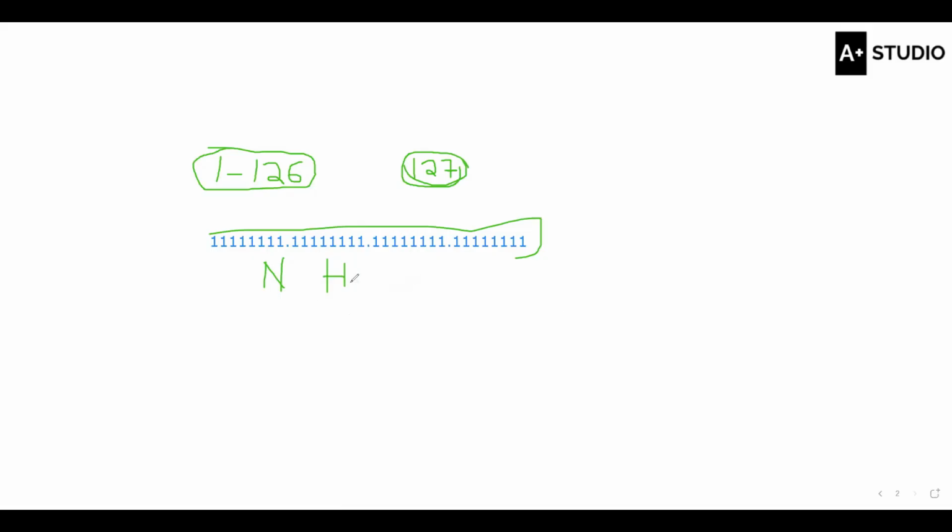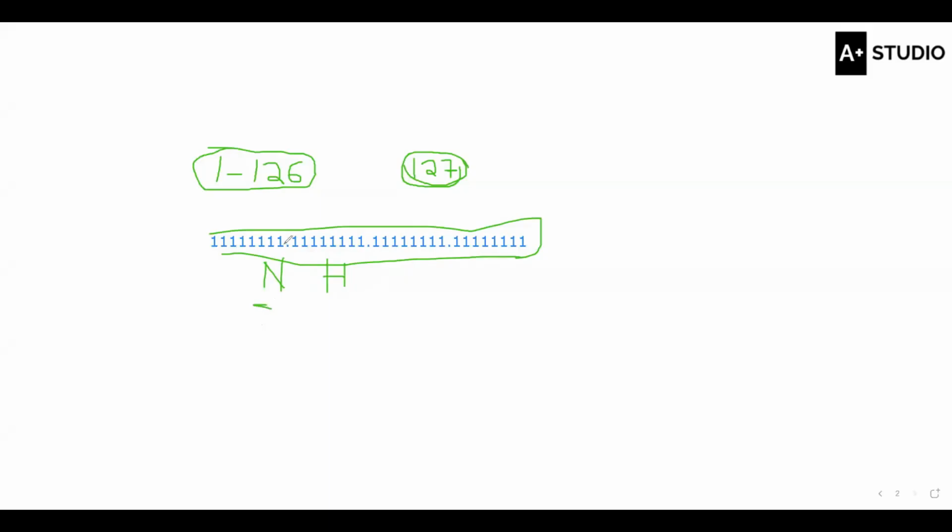Okay, so it is divided into 2 sections, the network and then the host part. With the class A IP address, it has only one network portion.